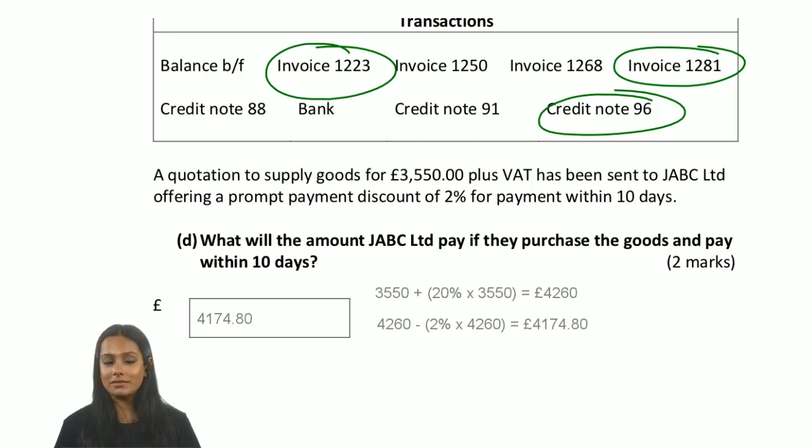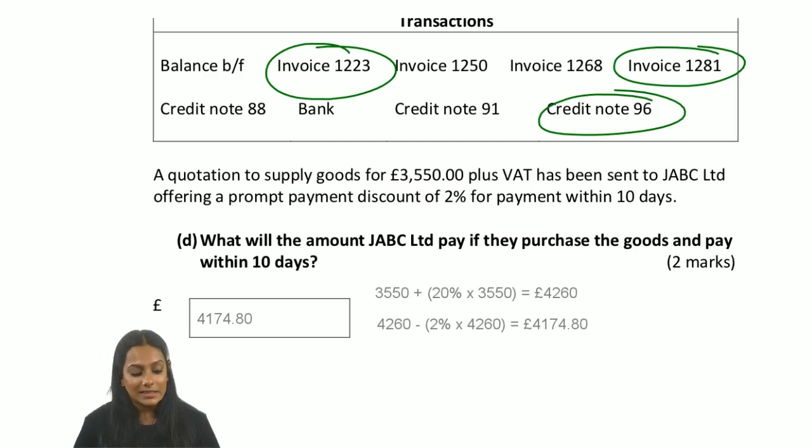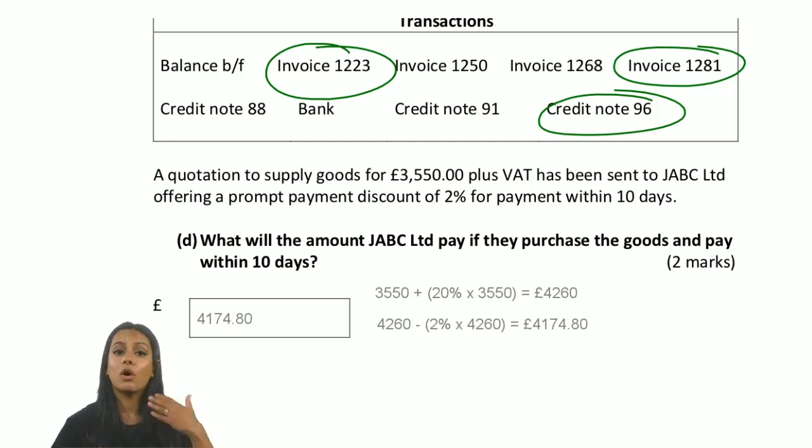Prompt payment discounts are otherwise known as cash discounts or early settlement discounts. These are offered to customers as an incentive for them to pay the amount before the invoice date. And the examiner did mention that the common errors were that students need to understand a little bit more that the amount received will be the total amount and not the net amount.